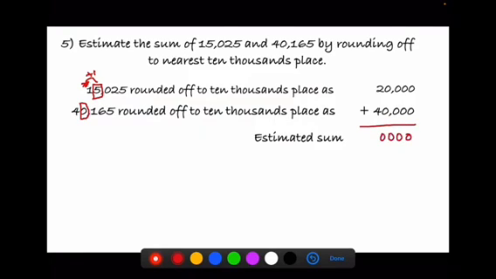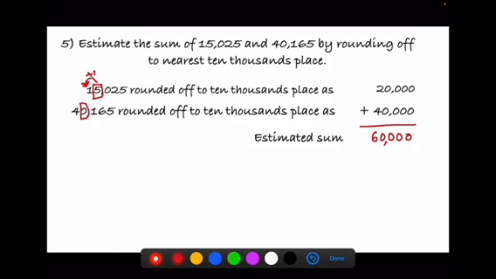Now the estimated sum. If you observe, children, when we round off and then try to add or take the difference, it is easier to calculate and even faster, because it's a rounded off number and it is always easy to calculate when it is rounded off.